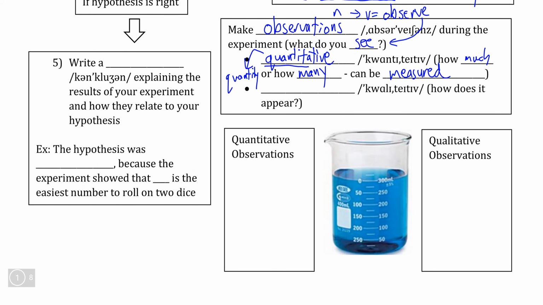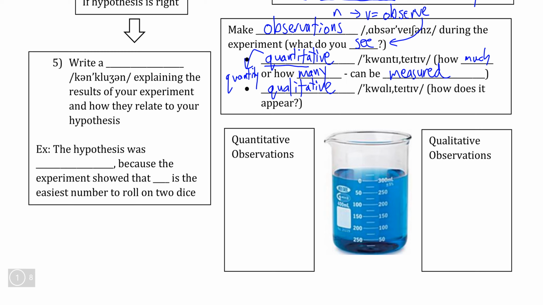In other experiments, for example, if we were doing a chemistry experiment and observing this blue liquid in this beaker here, you can also make a different type of observation, which is what we call a qualitative observation.